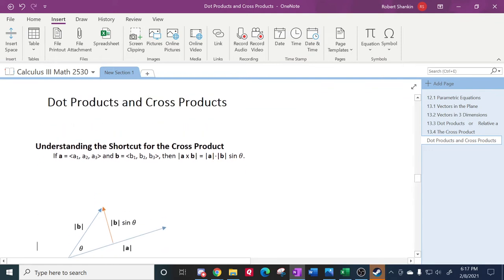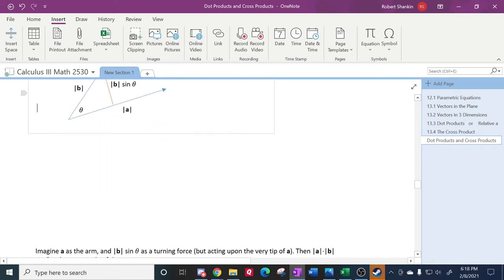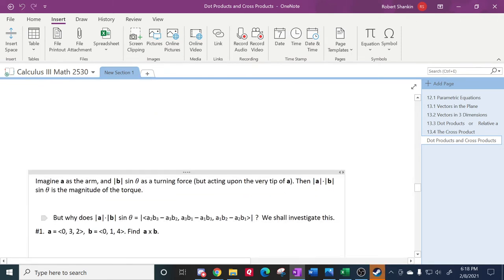Let's look at understanding the shortcut for the cross product. Because we give this cross product shortcut, it's really this.